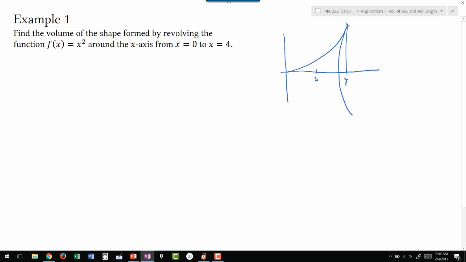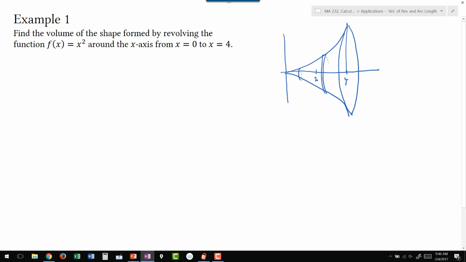So we imagine kind of pulling the curve out of the screen towards us as we revolve or think of revolving it around the x-axis. And what we end up with is kind of a funnel-like shape that we've sketched here. Recalling our method is to slice the figure into pieces we know.